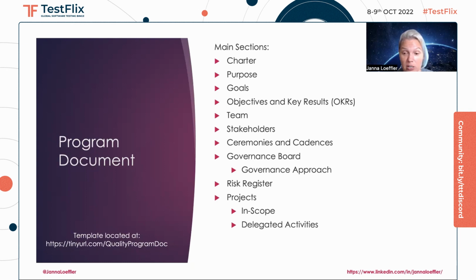Now, like I said, programs are a collection of projects. So what collection of projects are part of this program? Which ones are you responsible for? Those are your in-scope projects. What projects may be needed, or are currently going on, that also contribute to this program that you may not be directly responsible for? For example, you might want to increase performance testing or set SLAs on some of your services, but that's not necessarily under your scope.